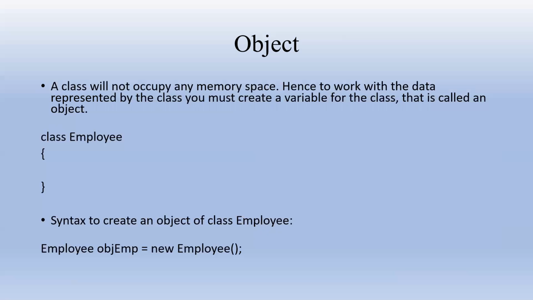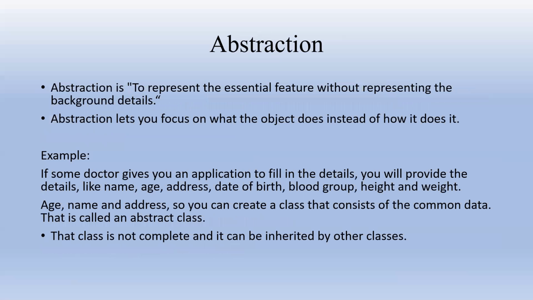So in this example we have a class employee, and we create the object like this: employee, which is the name of the class, followed by objemp, which is a variable, equal to the new keyword followed by employee brackets and a semicolon.